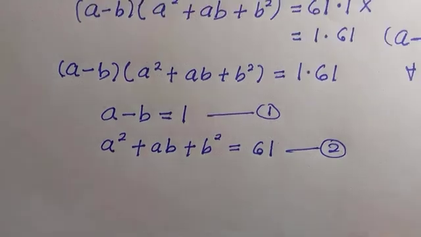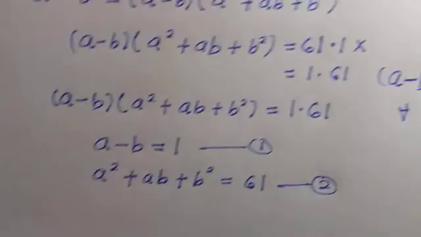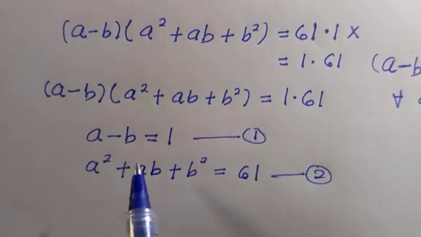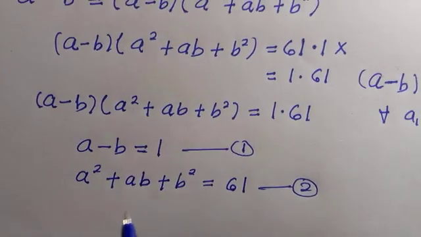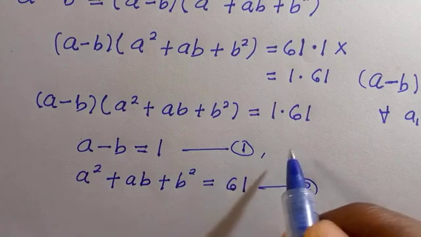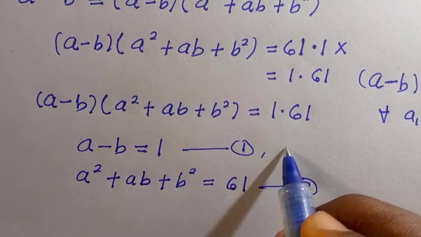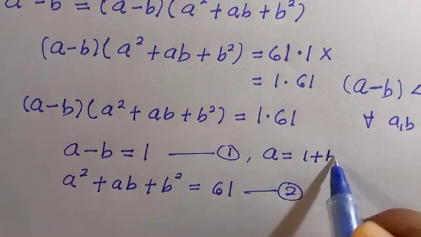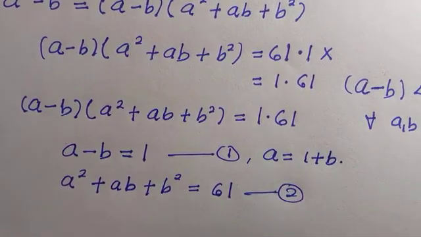Let's say I want to get the value of b. From equation 1, I make a the subject of the formula, so we have a equals 1 plus b, and this becomes equation 3.